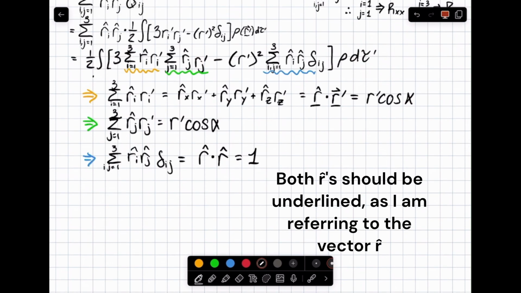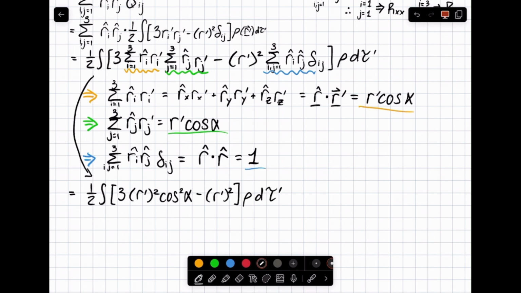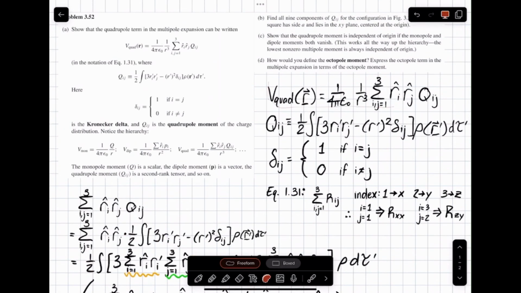So now that I've simplified that a little bit, I'm going to bring my equation back down and plug in these values that I've evaluated. Now I'm going to plug it back into our quadrupole definition up here.